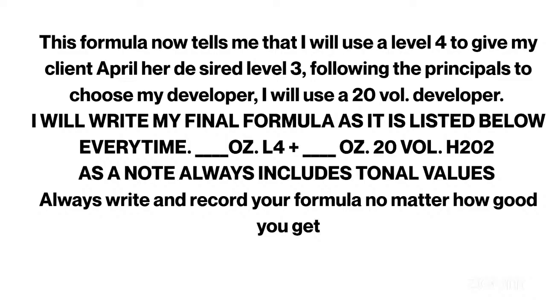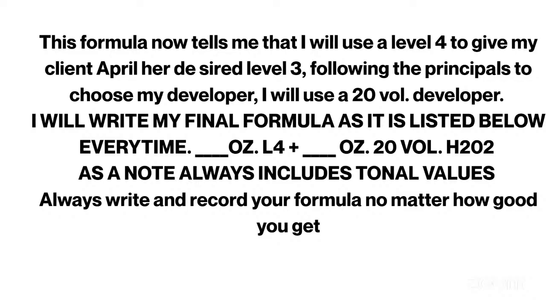Following the principles to choose my developer, I use a 20 volume developer. I will write my final formula as it is listed below every time. So it's going to be blank ounces level 4 plus blank ounces of 20 volume H2O2. Okay. Your average hair color in a tube is going to be 2 ounces. That's an average size head, 2 ounces.